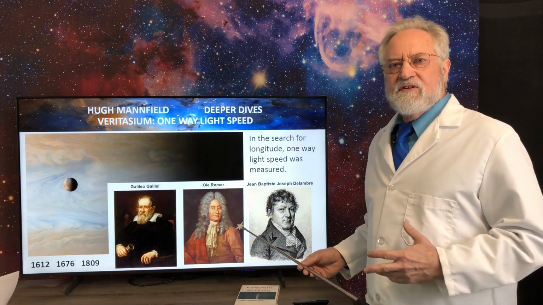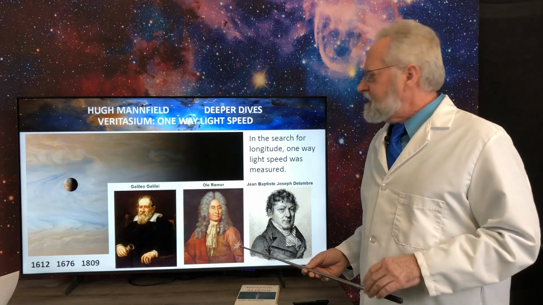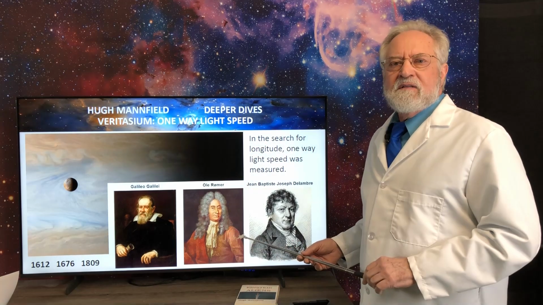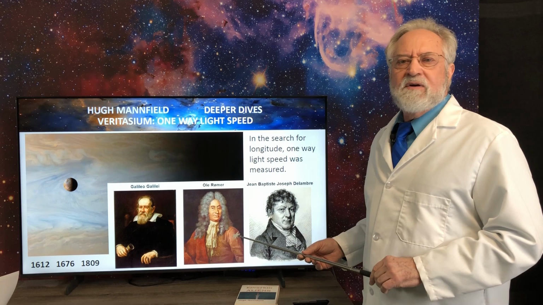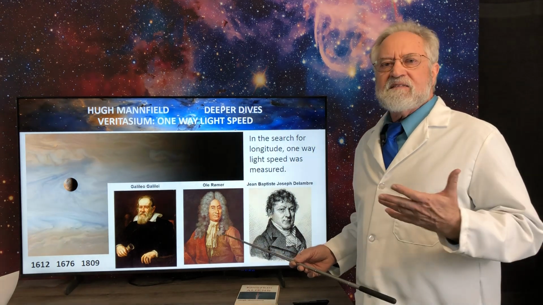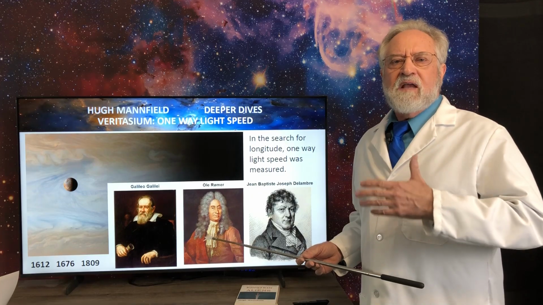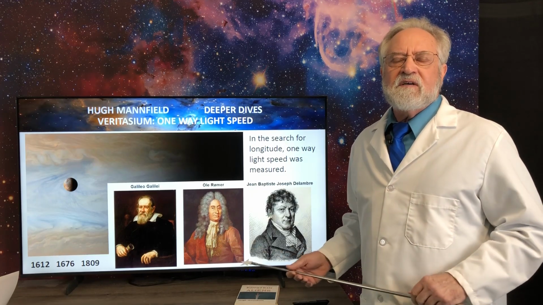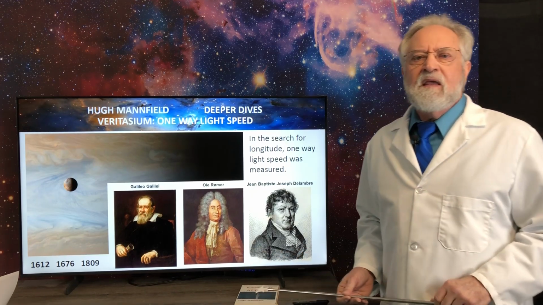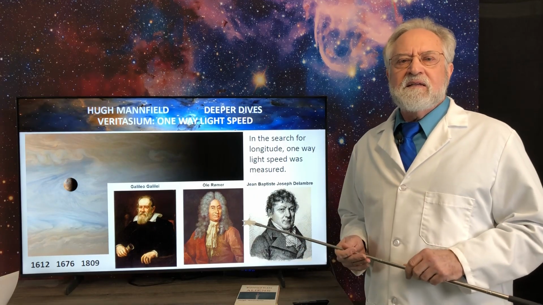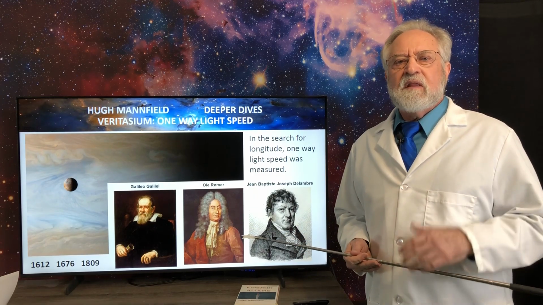People continued to use Galileo's method for land-based observations, and a Dutch astronomer, Ole Roemer, was tasked with tabulating the almanacs and observing and predicting the eclipses of Io. And as he collected data, he began to notice something.